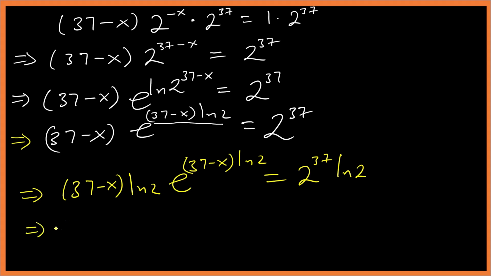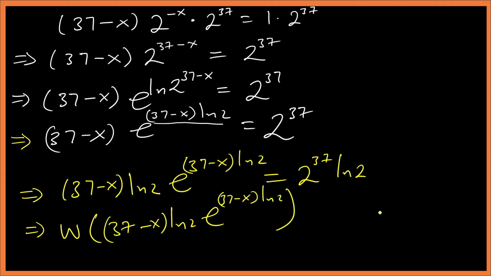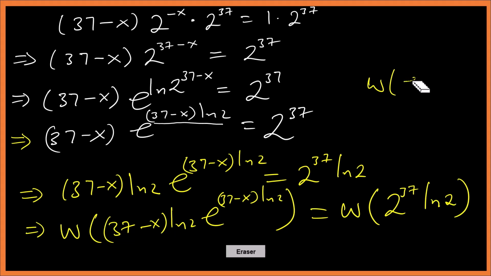Okay, so I'll take the W function. So we have 37 minus x ln of 2 e raised to 37 minus x ln of 2 equals W function of 2 raised to 37 ln of 2. Okay, so remember the rule, W function of x times e raised to x, the answer is x.